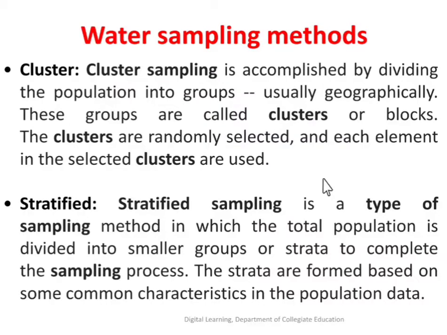Another sampling method is stratified sampling, in which the total population is divided into smaller groups or strata to complete the sampling process. The strata are formed based on some common characteristics in the population data.